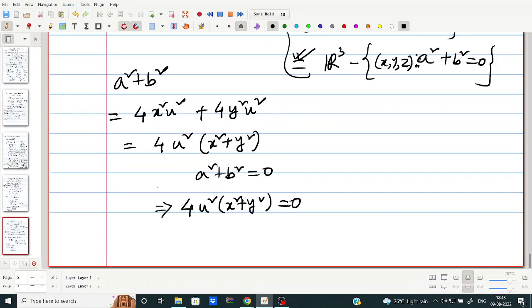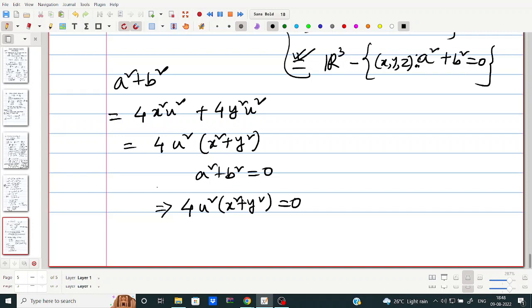Either u square equal to 0 or x square plus y square is 0, or both. This line implies this line. Yes, sir. Correct, sir. So u square equal to 0 means u equal to 0, by taking the square root.